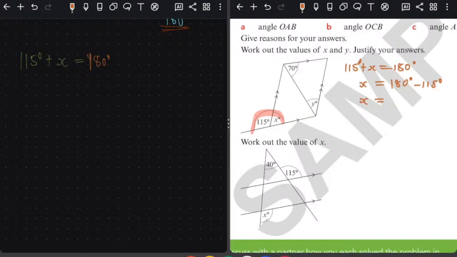Pardon? 65. So you can remove X and put 65 degrees.